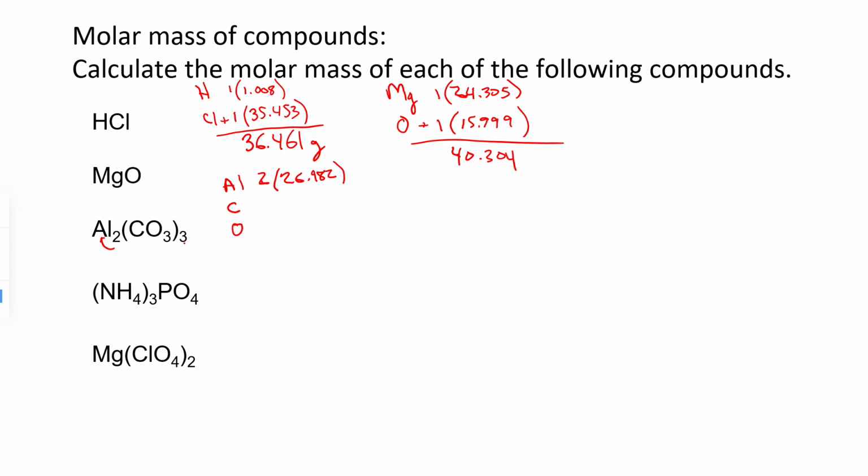Now we have to carry in this 3 here, so there's actually 3 carbon. Carbon is 12.011. And we also have to carry in the 3 here. So 3 times 3 is 9. Oxygen is 15.999.